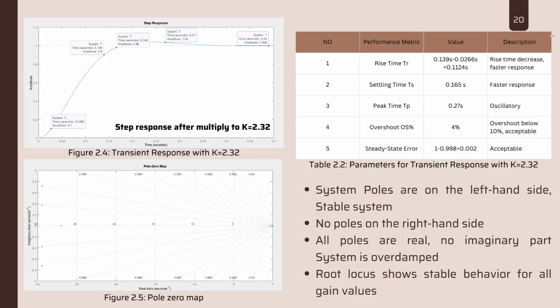Two poles, one zero? Two poles, no zeros. Yeah, second order system.